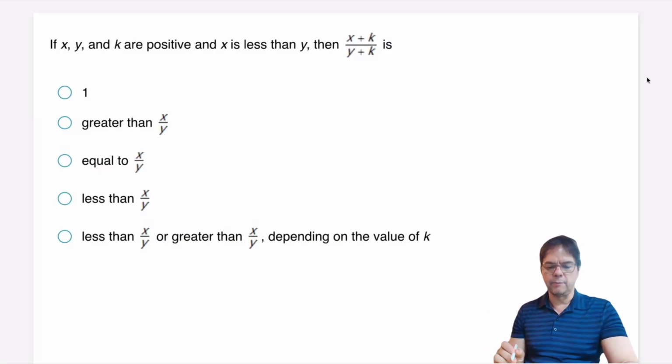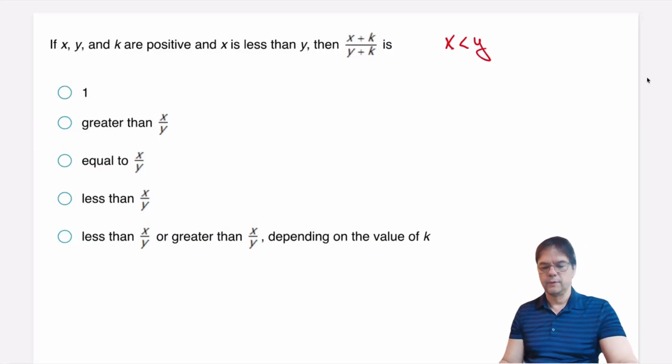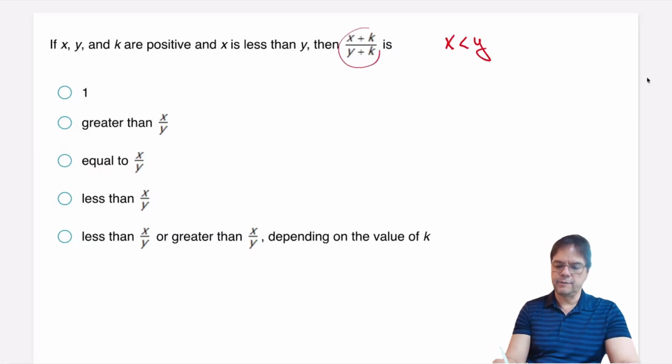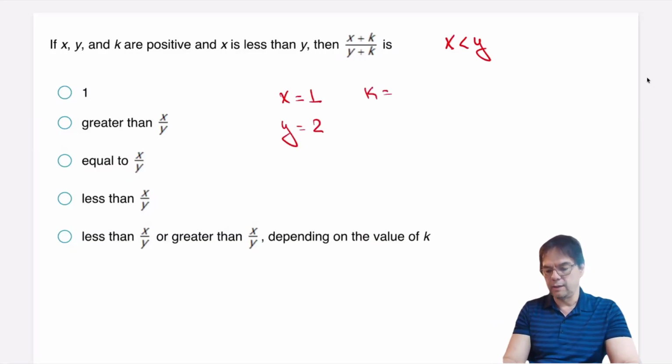X, Y, and K are positive and X is less than Y. Then this expression is, let's try to find what I'm going to do. I will assign X equal to 1, Y equal to 2, and K equal to 3. So what I'm going to have is 1 plus 3 divided by 2 plus 3.